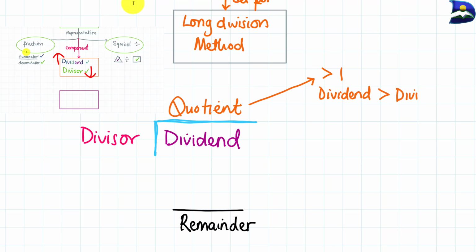So in this case, for the fraction, we're going to have some form of an improper fraction, and that is what our quotient means when it is greater than 1.